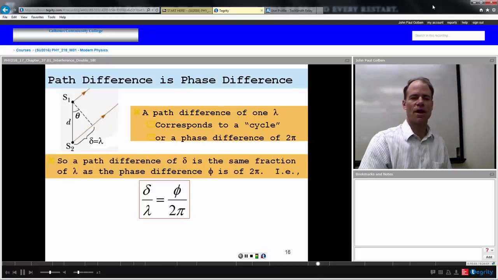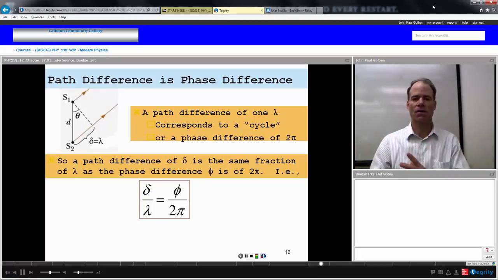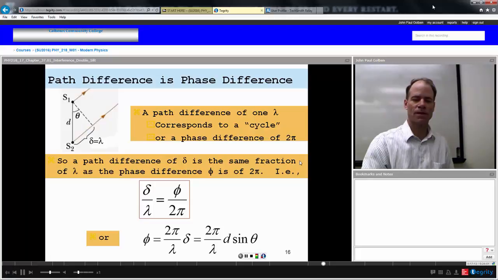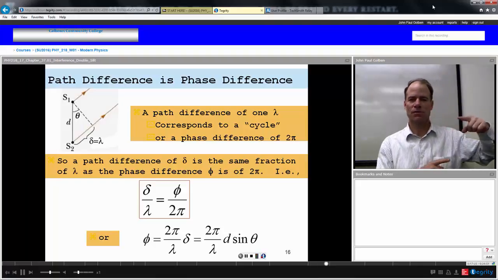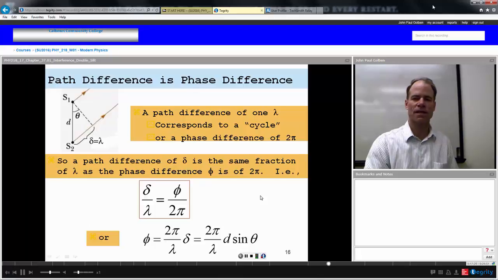So with this in mind, we can say that the path difference, delta, as a fraction of a wavelength, would give us a phase difference of an angle phi over the full phase of one wavelength of 2 pi. Hence, we can think of an angle of phase difference, phi, as being equal to 2 pi over lambda times delta, but delta is equal to the slit width, d, times the sine of theta. So this is 2 pi over lambda, d sine theta, our phase difference.